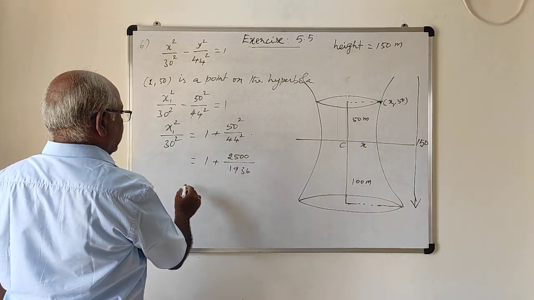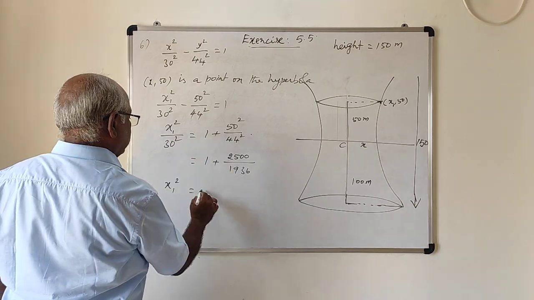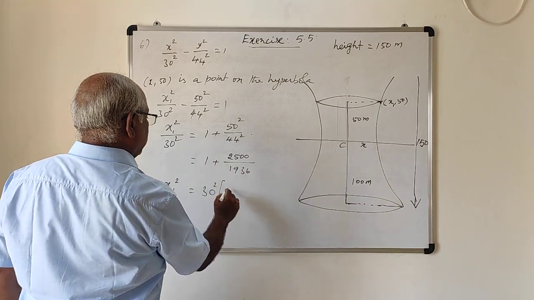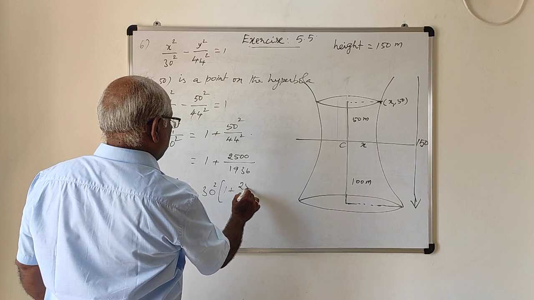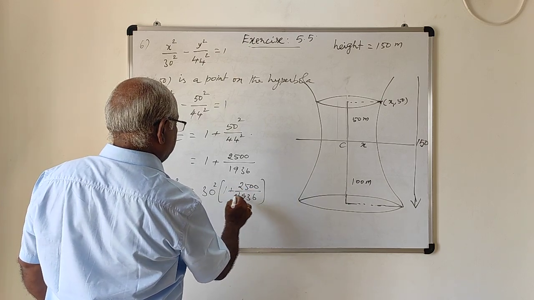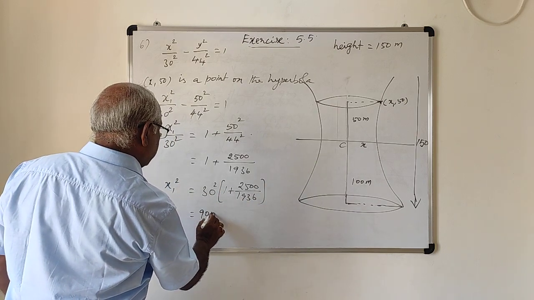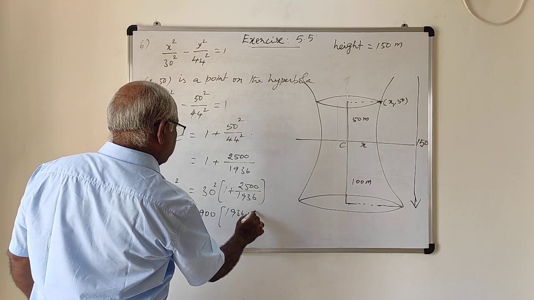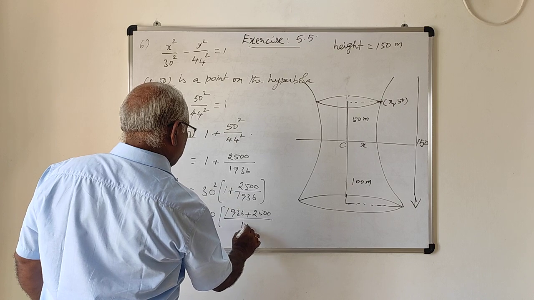So x1 square equals 30 square, which is 900, into 1 plus 2500 by 1936, that is 900 into (1936 plus 2500) by the denominator 1936.